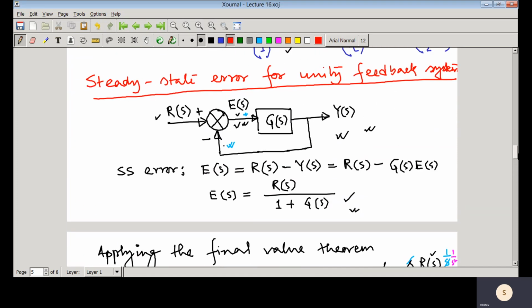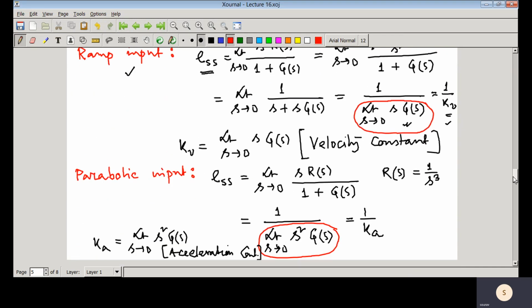If you look at the unity feedback system, we define how many poles are at origin. The number of poles at origin is known as the type of a system. Suppose you have a transfer function G(s) equal to 1 by s into (s plus 1). In this case, you can see that at origin there is one pole. So this particular transfer function is called type 1 system.